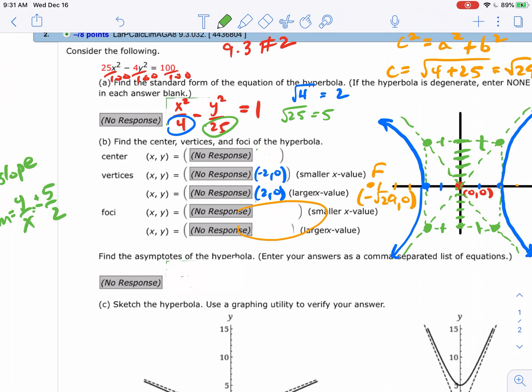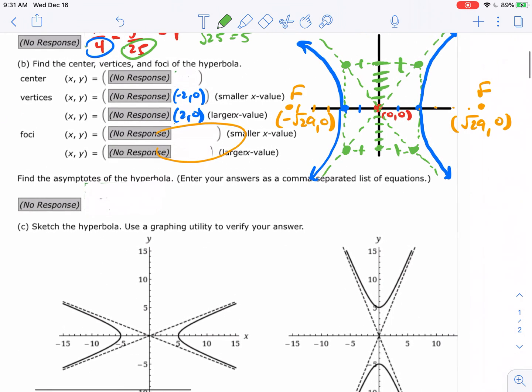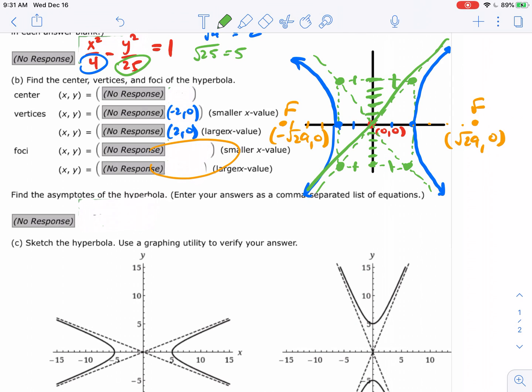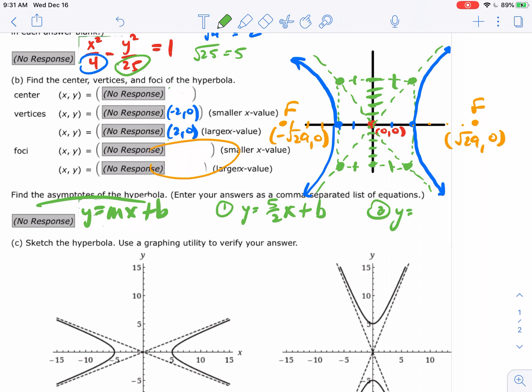So now, if I'm actually finding the equations of the asymptotes, that's what they're asking for here, what you're going to do is do the y equals mx plus b form. And so the first one is y equals 5 halves x plus b, and the second one would be y equals negative 5 halves x plus b.